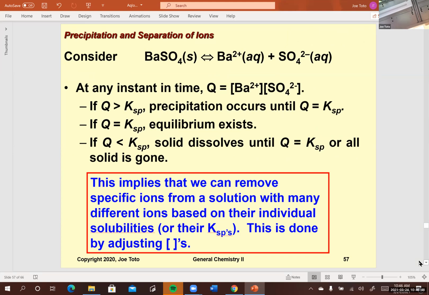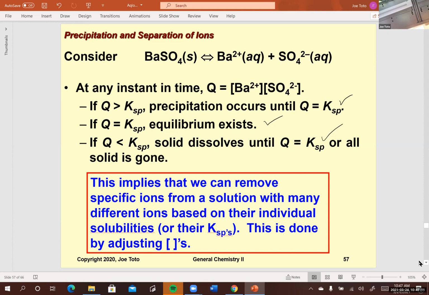Remember, the Q concept is at play with these insoluble salts, and we talked about which way things are going to take place as far as calculating a Q, comparing it to K, and then coming to one of these three possible conclusions.